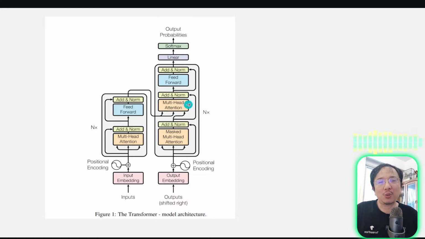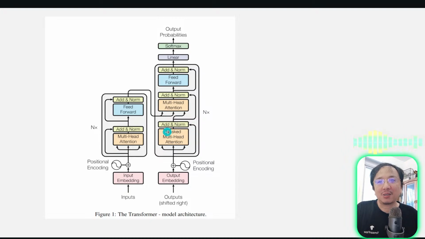So this one won't be a problem. So the only difference is this part, and it's very small. In a decoder, we have a masked multi-head attention. And here, we have a multi-head attention. That's the only difference between the encoder and the decoder.